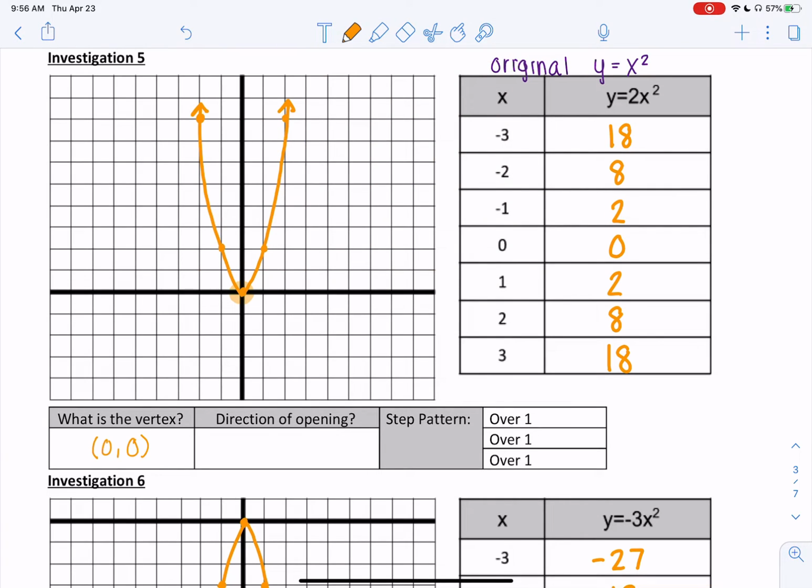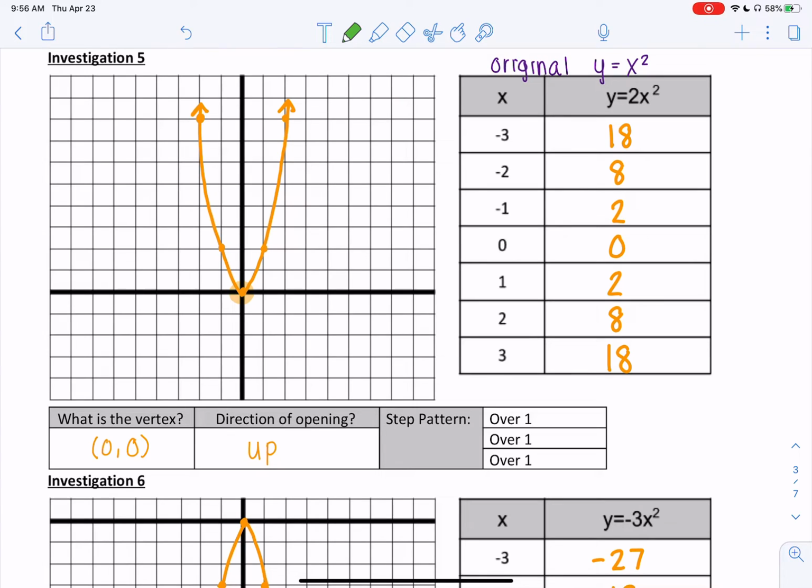Just like our basic one at the very beginning, that original parabola before we were moving it around. Then my direction of opening is going to be up. It's still upwards, it's still a happy parabola. And then I want to look at my step pattern.